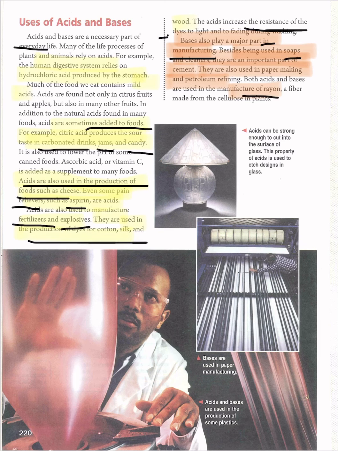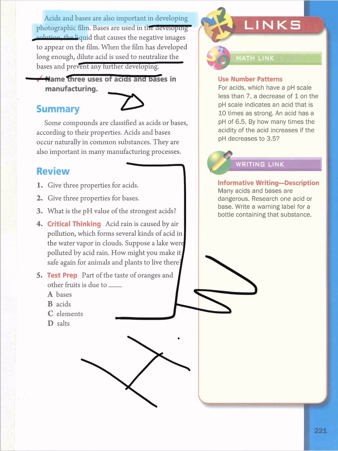Okay, and here we have another use of acids and bases together. It's important in what? In developing photographic film. Because of what? Because of solutions that contain bases, which cause the negative images to appear on the film.